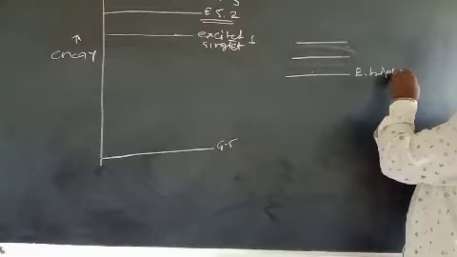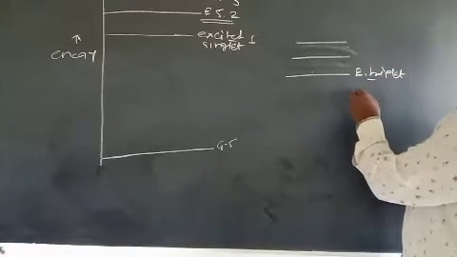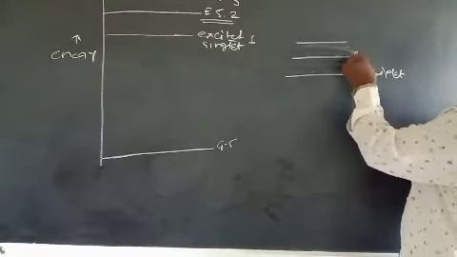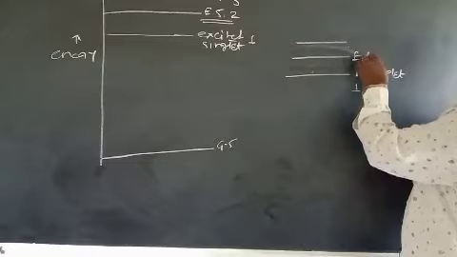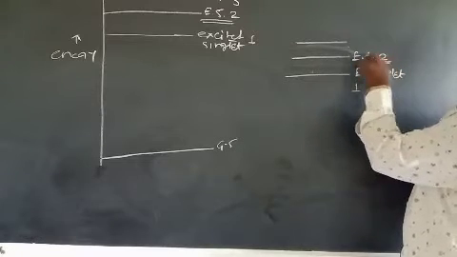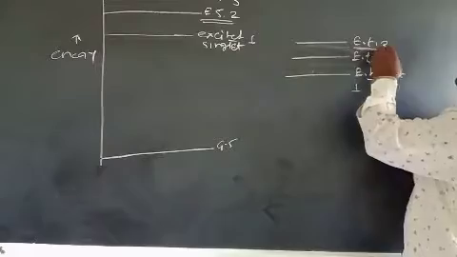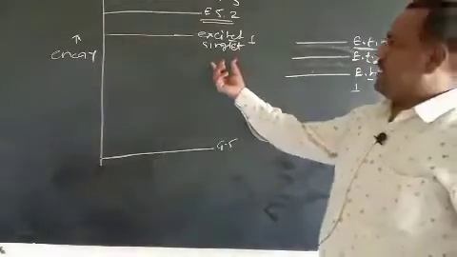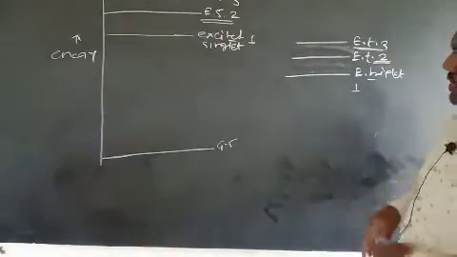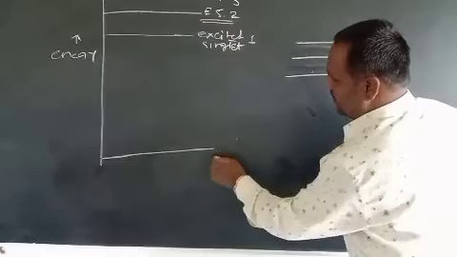Again depending on energy, there is excited triplet first, excited triplet second, and excited triplet third. So excited singlet, excited triplet, and this is your ground state.